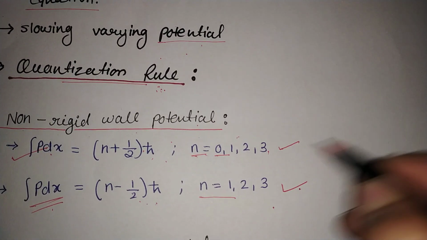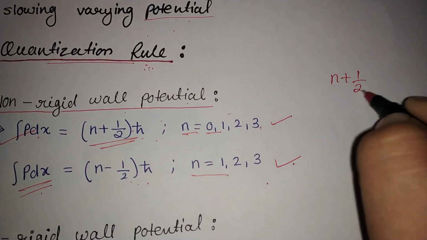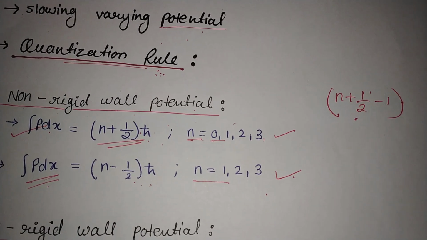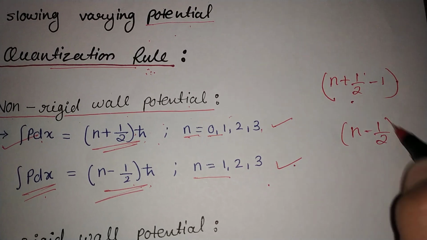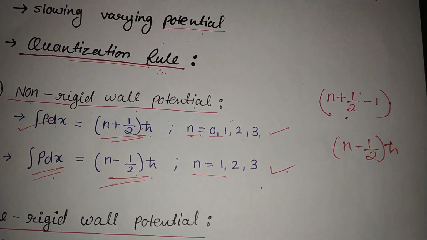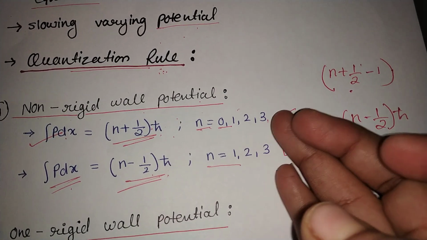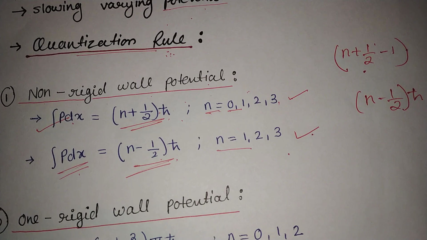For example, if we have the first one, n plus half, and I subtract 1 from this, I will get n minus half, times h cross. Got it? So either you use the first one or the second one, you will get the same.